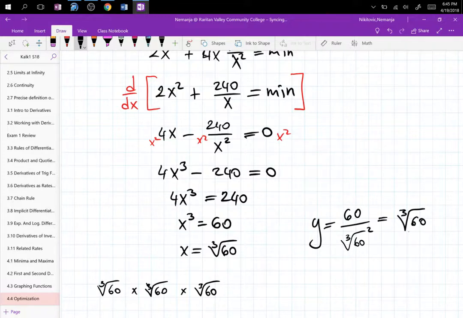Unless you mess with dimensions. You say, create a box, but no top. You're going to use some kind of lid or some other mechanism to seal the box. So you say a box with a square base and no top.